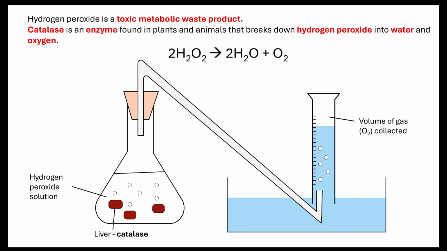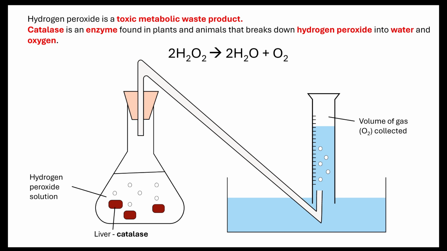Catalase is an enzyme which is found in both plants and animals because they do metabolic processes. Therefore, they both produce hydrogen peroxide as this toxic metabolic waste product. Catalase is the enzyme that is going to break down the hydrogen peroxide into the less toxic, more safe substances, water and oxygen.